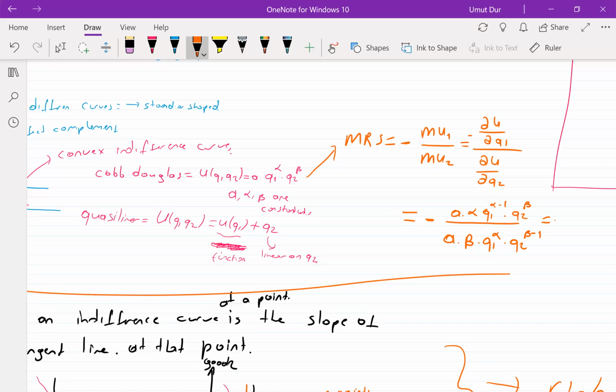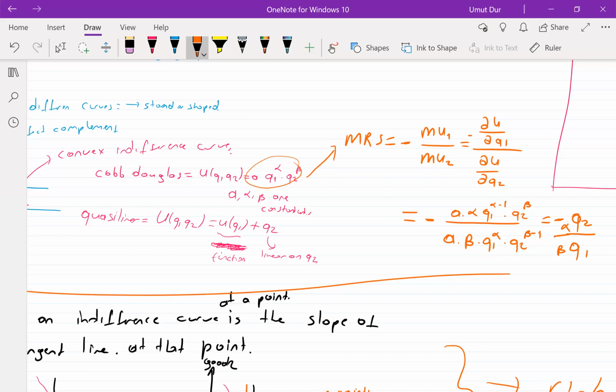If I do the math here, I will get Q2 over Q1, of course with alpha and beta. So the marginal rate of substitution for a Cobb-Douglas utility function, which has this shape, is minus alpha times Q2 divided by beta times Q1.